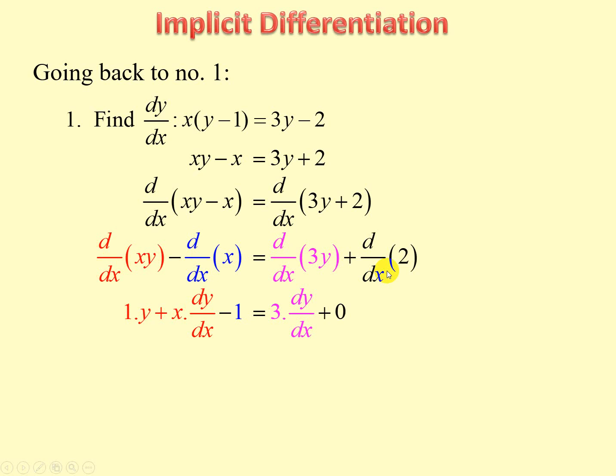And derivative of 2 with respect to x, 0. I've jumped a step there, I've brought across the dy by dx and taken the y to that side. But take out a common factor, divide, and there is our derivative. It's actually the same answer as the previous one when we did it, but just in a slightly different form.